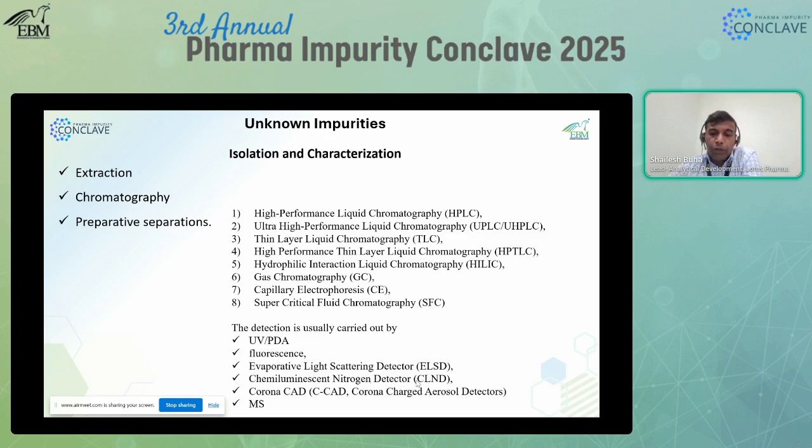ELSD, chemiluminescence nitrogen detector sometimes where more nitrogenous compounds are there. Then corona CAD, or charged aerosol detector, for mass-based percentage areas. And mass spectroscopy is well known nowadays, previously for bioanalytical and now for nitrosamines, and isolation and characterization. So wherever there are unknown impurities, we follow these techniques for isolation and identification.